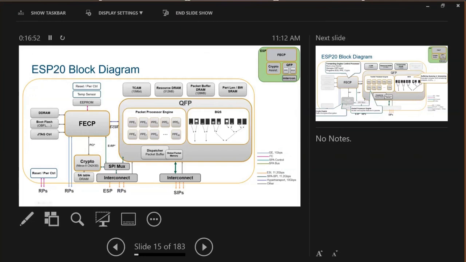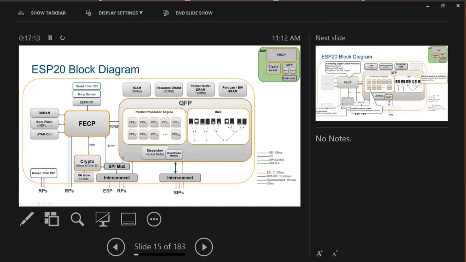Looking at the different components of the ESP, we have interconnects between the SIPs and the RP, which help in receiving and sending the traffic across the multiple modules after the traffic is processed. This is a crypto module that I was talking about earlier.